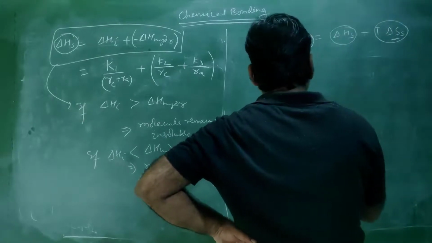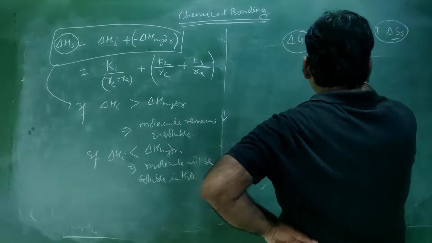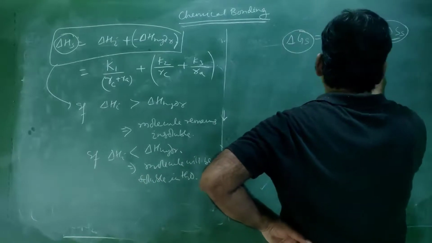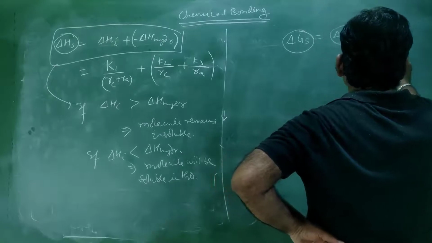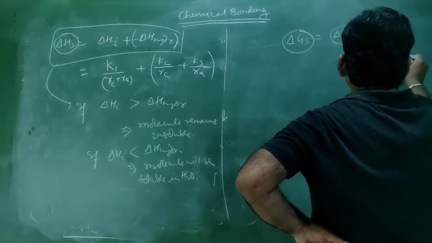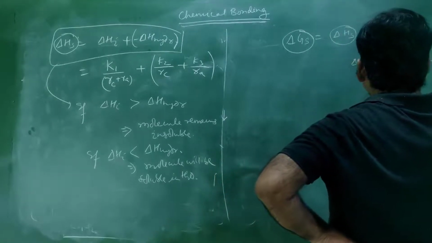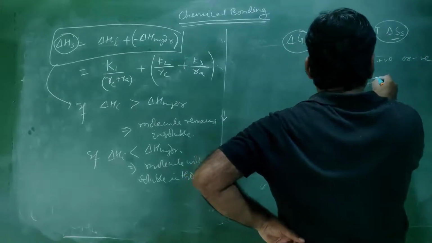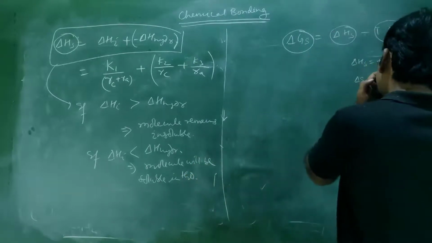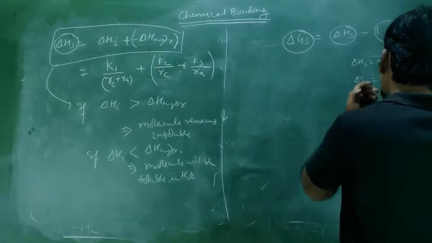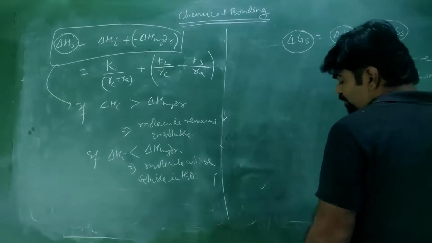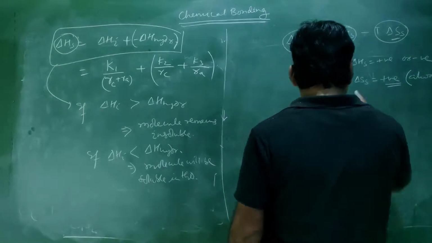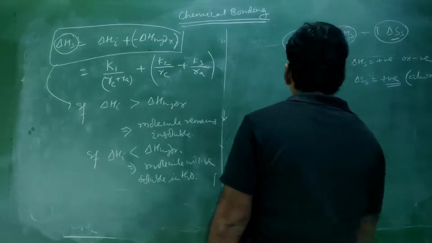While dissolving, delta Hs can be positive or negative. Delta Ss, that is entropy, is always positive because entropy always increases while dissolving, because the number of ions increases.